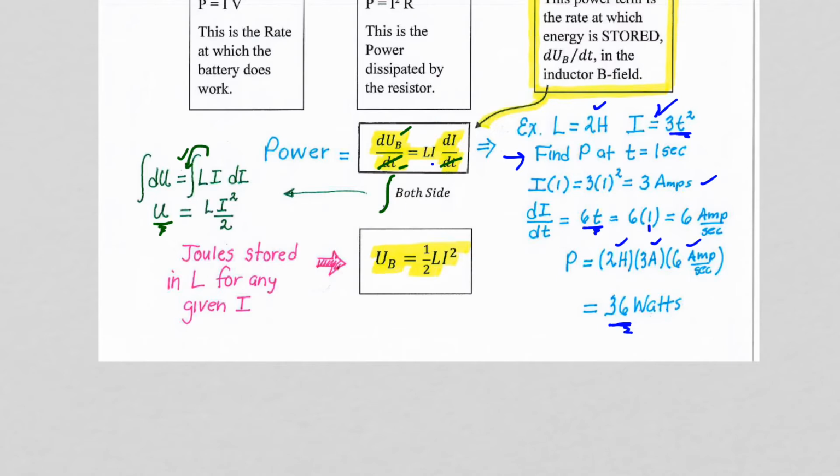The integral of I di is I squared over 2, and voila, we have our energy expression. So this is the joules of energy stored in the inductor for any given I.